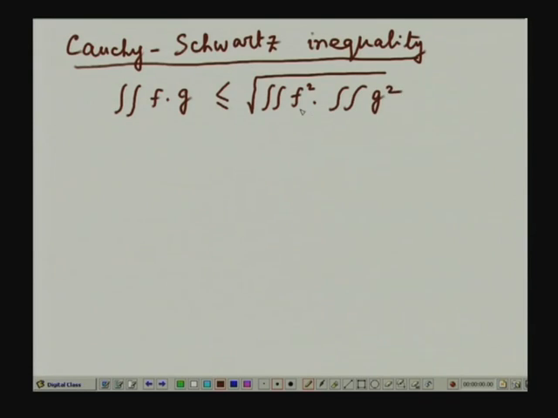And these two terms will be equal only when G is equal to some constant C times f.